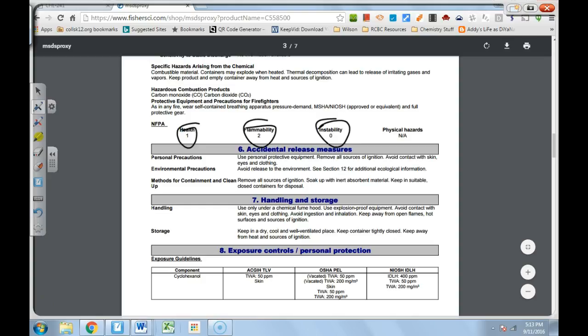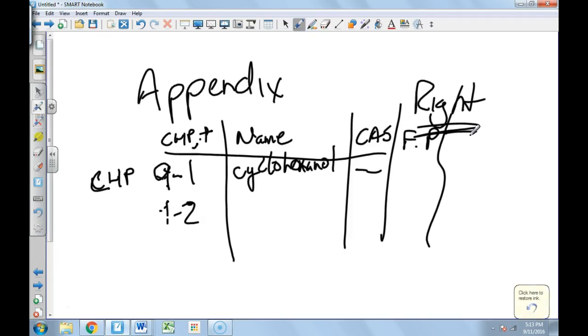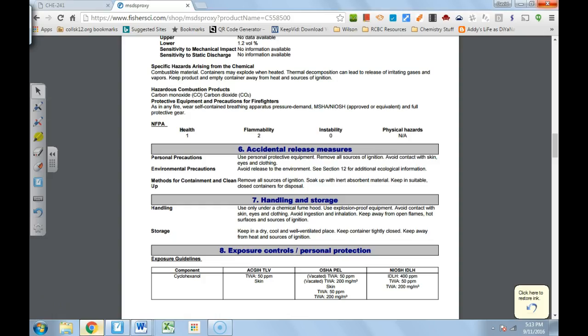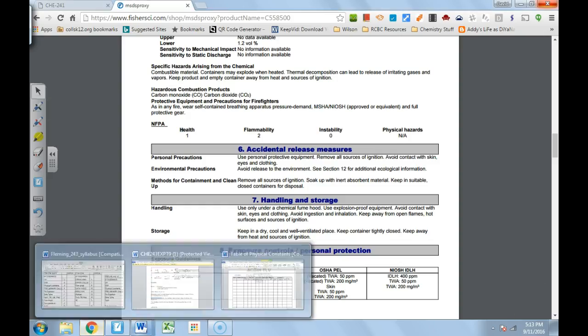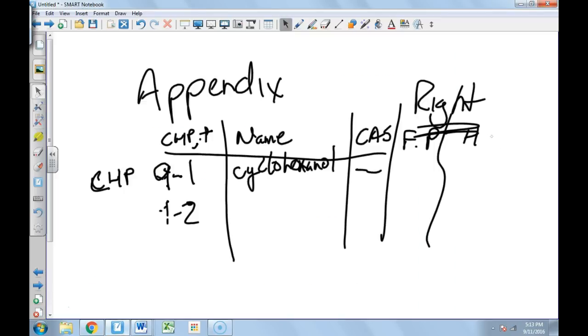You can highlight that, and put health, flammability, instability there. The NFPA rating is a 1 to 4 scale. I guess it's 0 to 4, because water probably has a 0 rating for some of these things.